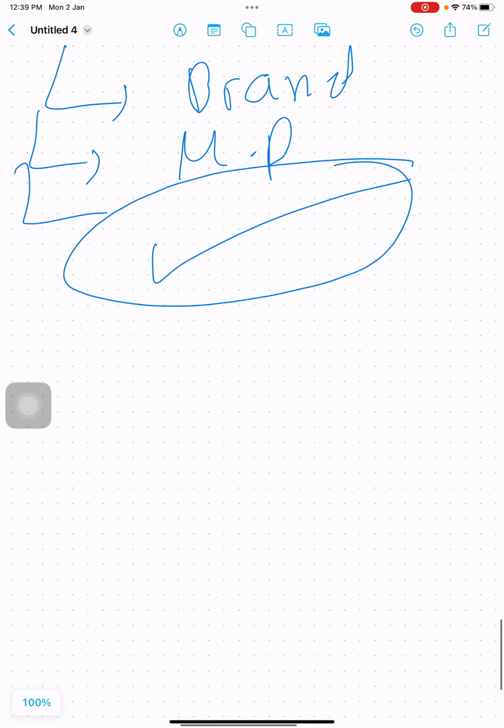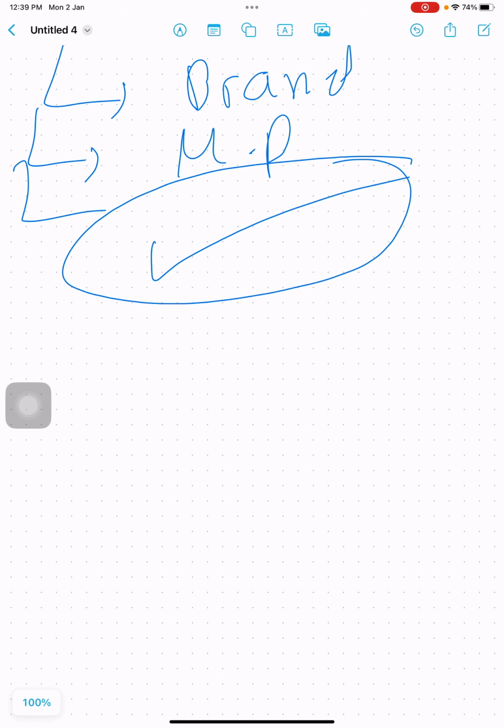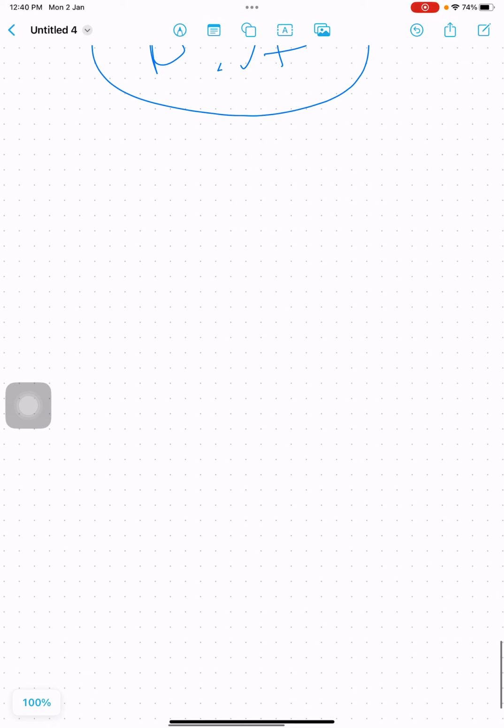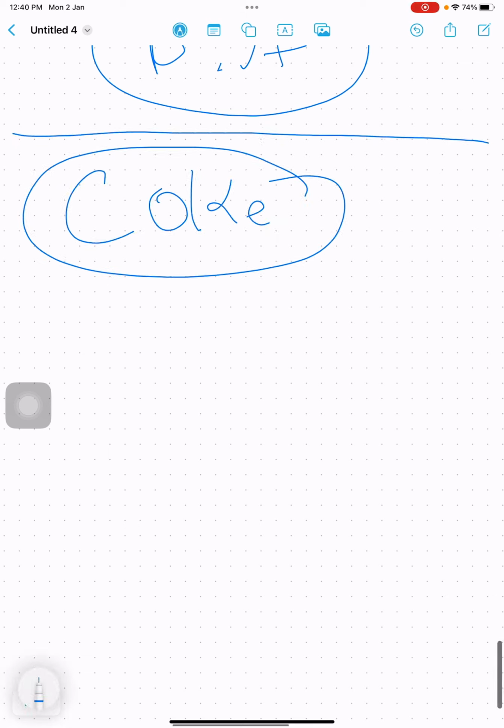Or we prefer to buy the items which have the Apple logo on them. Why? Because of brand awareness. Or if I talk about myself, I go to a restaurant and if they don't have Coca-Cola, I will not drink it. I'm a Coke fan, not a Pepsi fan. So it's more of a brand thing. So that is the purpose of a benefit management plan.